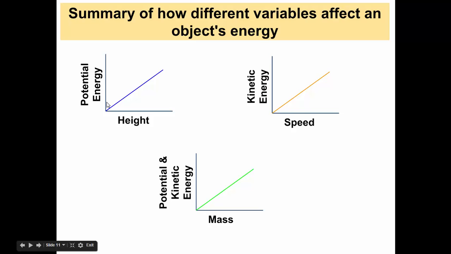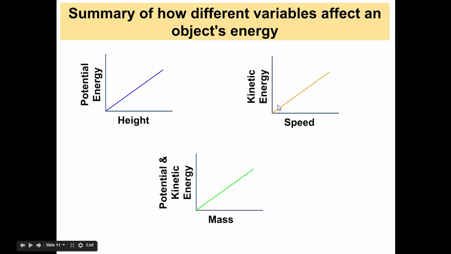So let's look at potential energy. For potential energy, as height increases, potential energy decreases. And the same thing could be said, as height decreases, potential energy increases. For kinetic energy, as speed increases, kinetic energy increases.